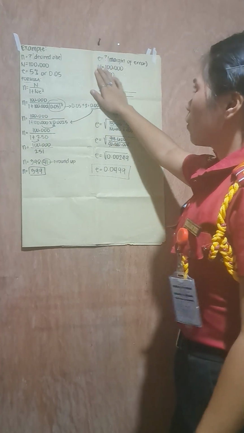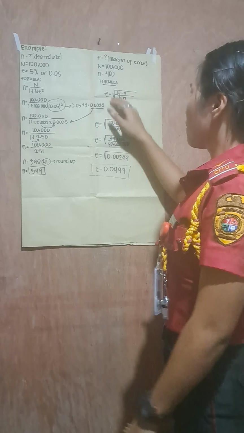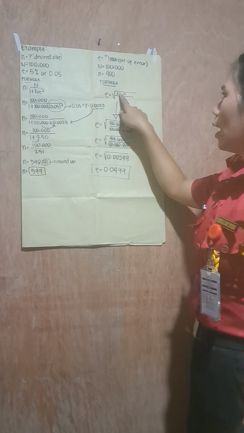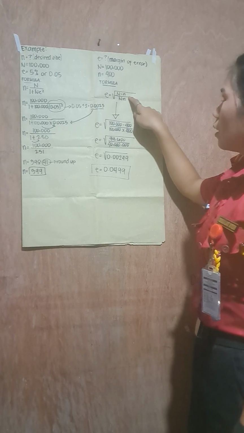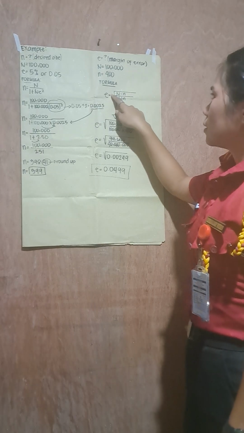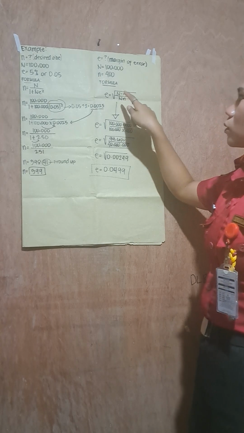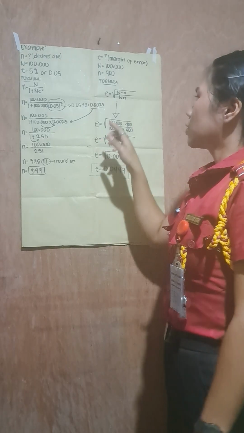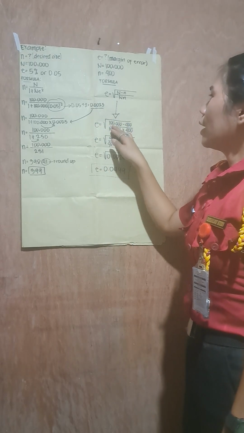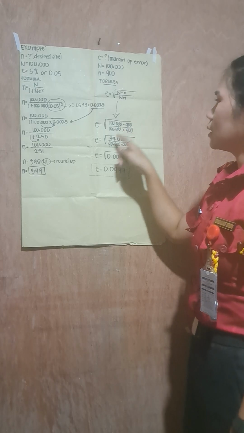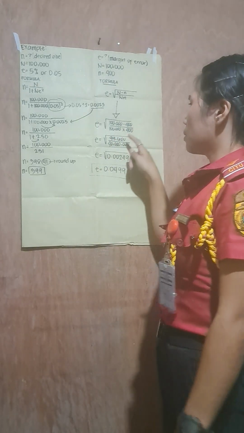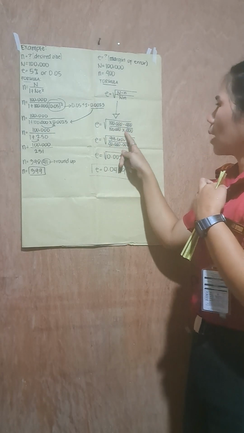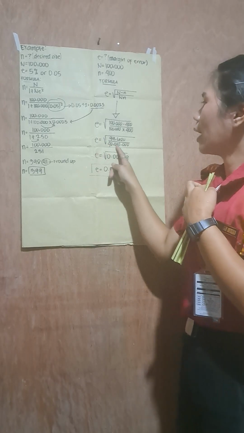Then sa pagkuha sa margin of error, the formula e equals square root of N minus n, divided by N times n. So, e equals square root of 100,000 minus 400 is 99,600. So, ang 100,000 times 400 equals 40 million.